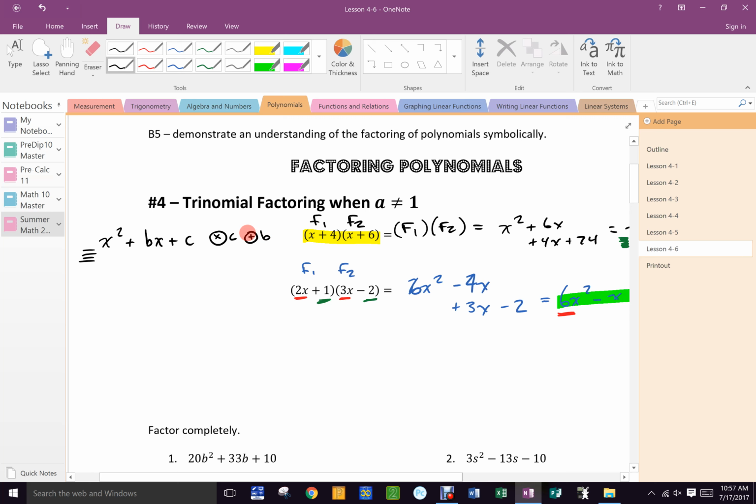We already know that. But now we don't have no number there. Now we have a number there. And when we have that number there, the rules change.